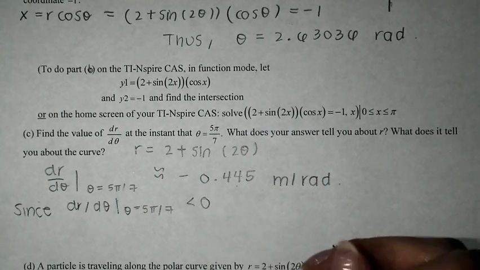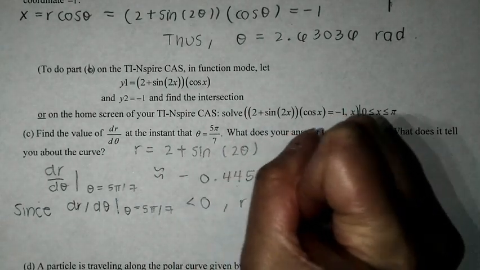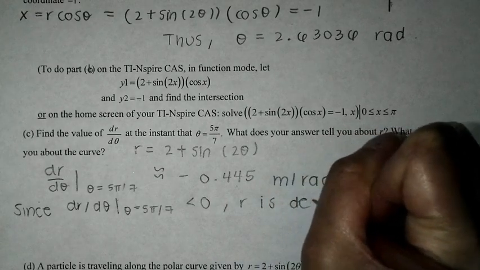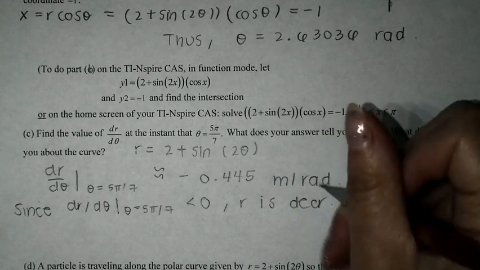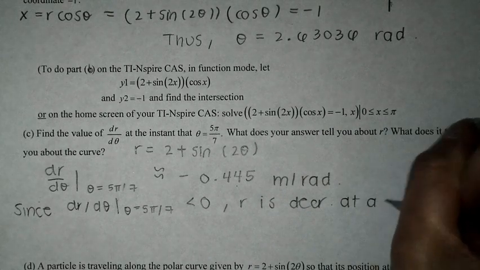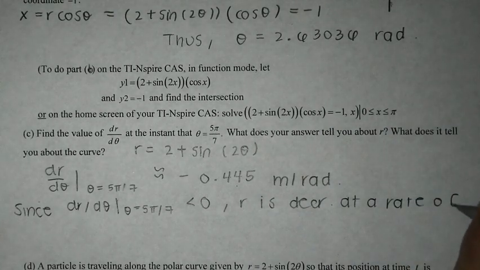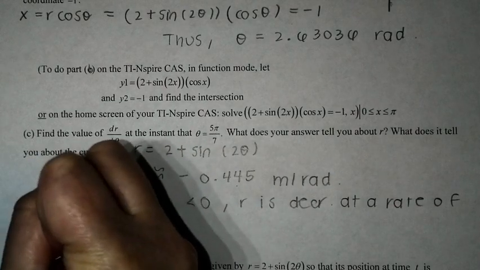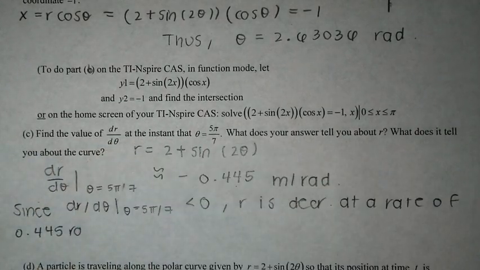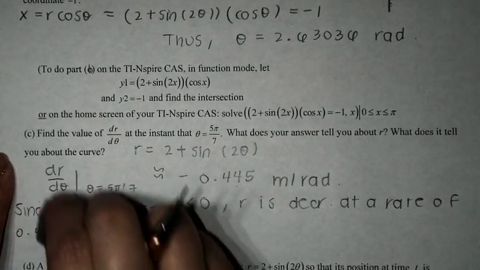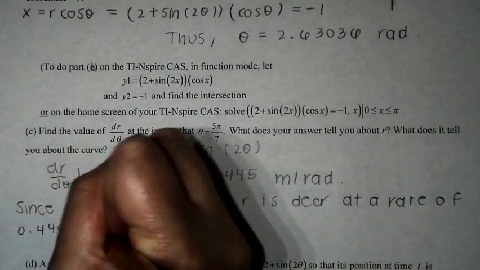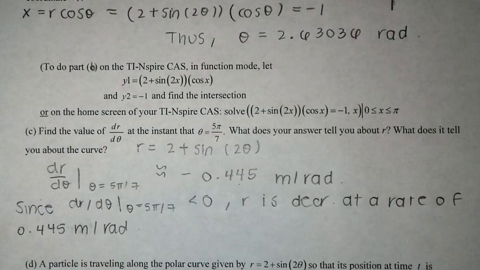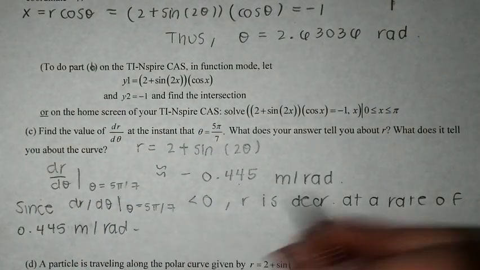They tell you that r is decreasing at a rate of 0.445 meters per radian. We're going to say backwards, but no, meters per radian. Okay, so that's what you have. Now we are done with this.